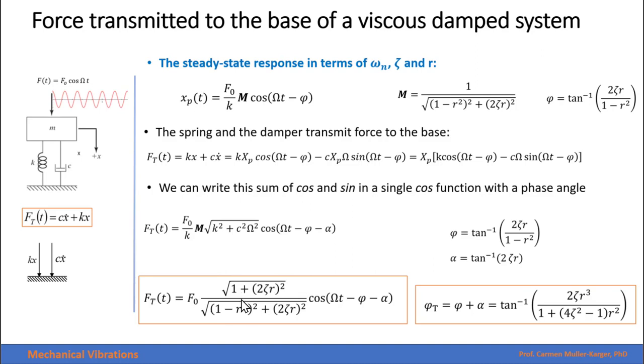This factor is what we are going to call the transmissibility coefficient. And again, we have two phase angles, and we can add these two phase angles into one phase angle, which will be the angle between the applied force and the force transmitted to the base.